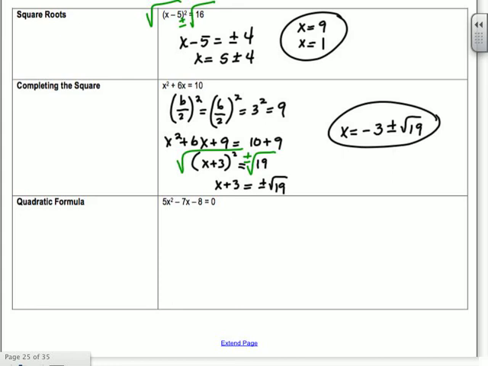All right, and then the last one was the quadratic formula. So your quadratic formula, a is 5, b is -7, c is -8. Those are the coefficients in front of your x squared, x, and no x. And it's always -b plus or minus the square root of b squared minus 4ac divided by 2a.